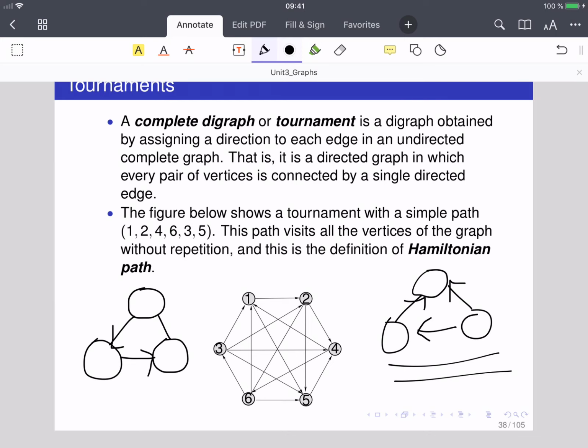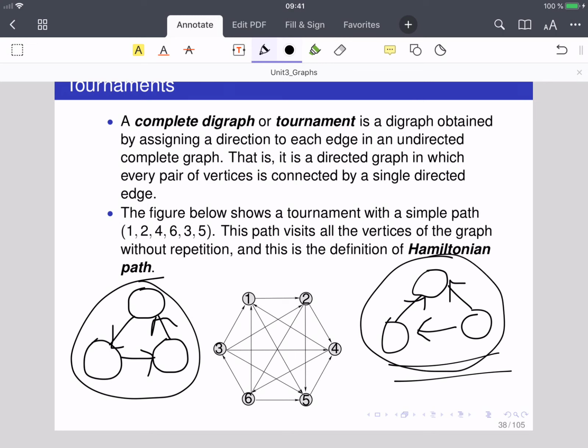I form a cycle. So these two graphs, this one here and this one here, are both tournaments or complete directed graphs of three vertices, but they are not equivalent, they are not isomorphic, because in this case here all the vertices are reachable from the others, while in this case here notice that this vertex is not reachable from the other vertices.